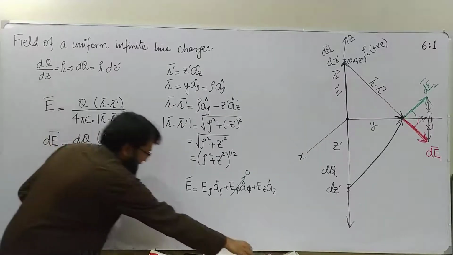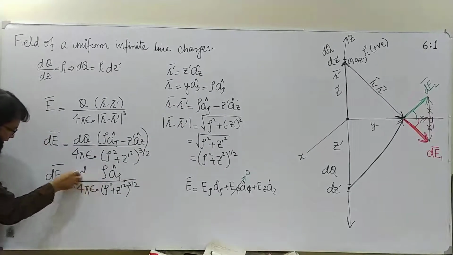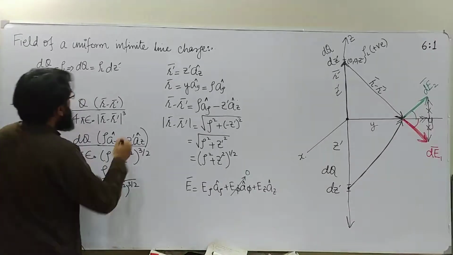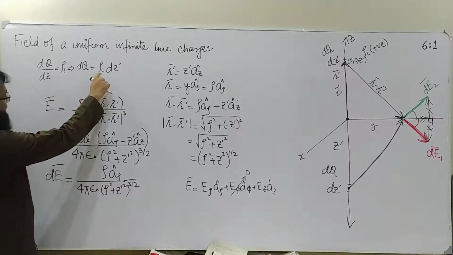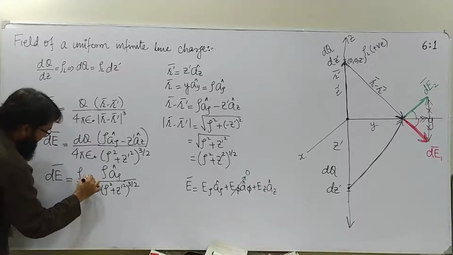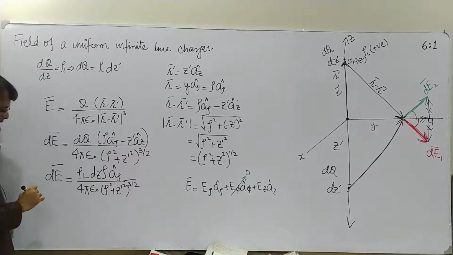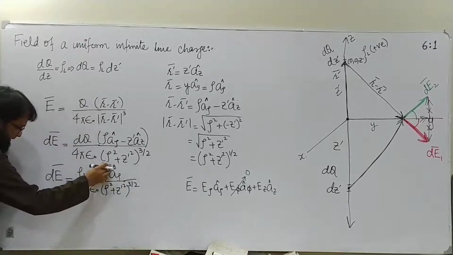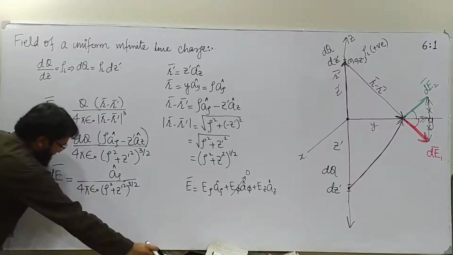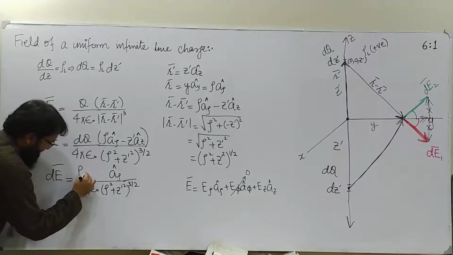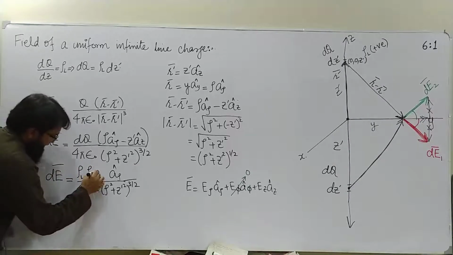All right, and now instead of dq we can write rho l dz prime. And I'm just rearranging it: rho l rho dz prime.